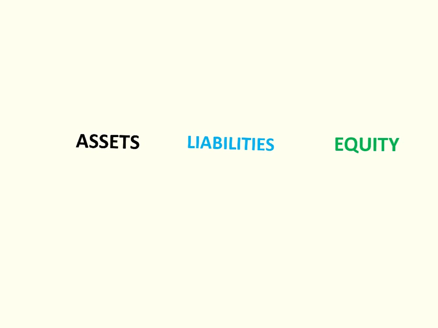Now, the form that we used last chapter helped us visualize the accounting equation. We had our assets on one side and our liabilities and equity on the other side. But because of the number of accounts that businesses use, there needs to be a separate record for each account.